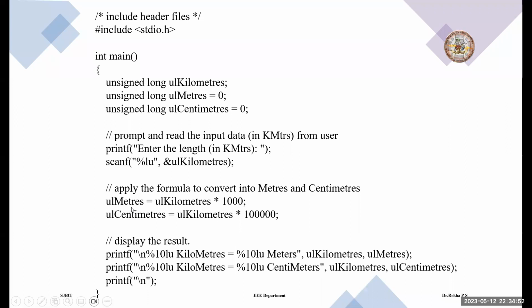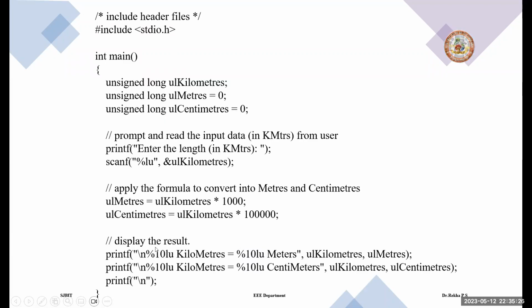Because using printf you have asked and read the value, whatever the user has entered is stored in this variable. That stored value should be multiplied by 1000 and stored back in the variable meters, unsigned long meters. Similarly, the same value should be multiplied by 100,000 and saved back to unsigned long centimeters.